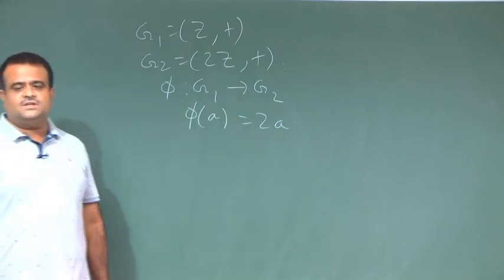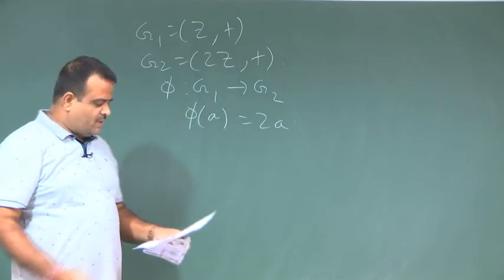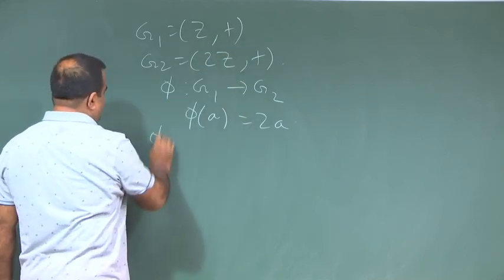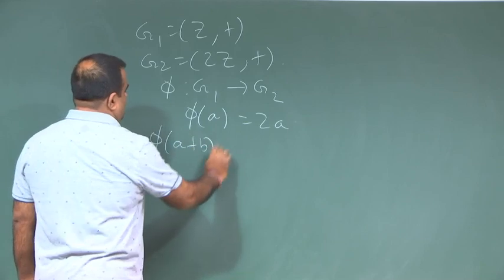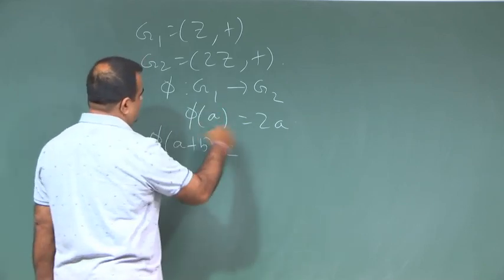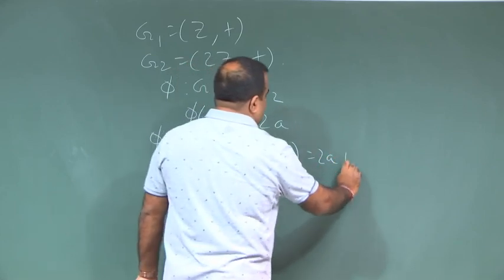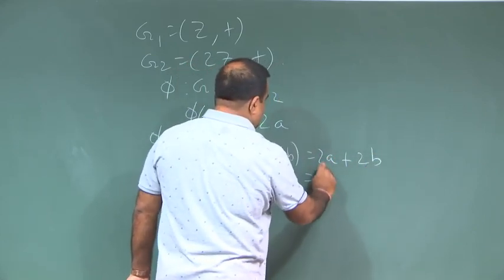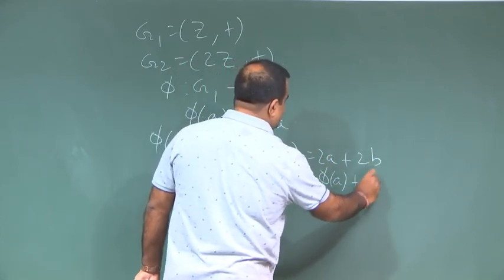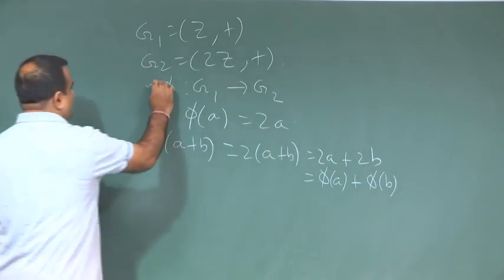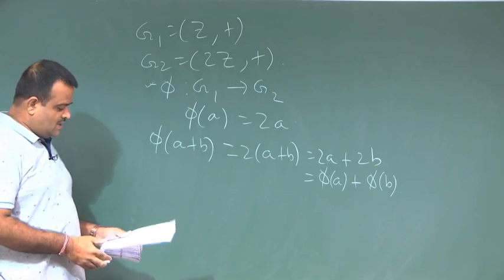Now, we have to check whether this mapping is a homomorphic mapping or not. For that we take two elements from here, and the operation is plus. So, phi of A plus B, by definition, is 2 times A plus B, which is basically 2A plus 2B. So, this is basically phi of A plus phi of B. So, yes, this mapping is a homomorphic mapping.